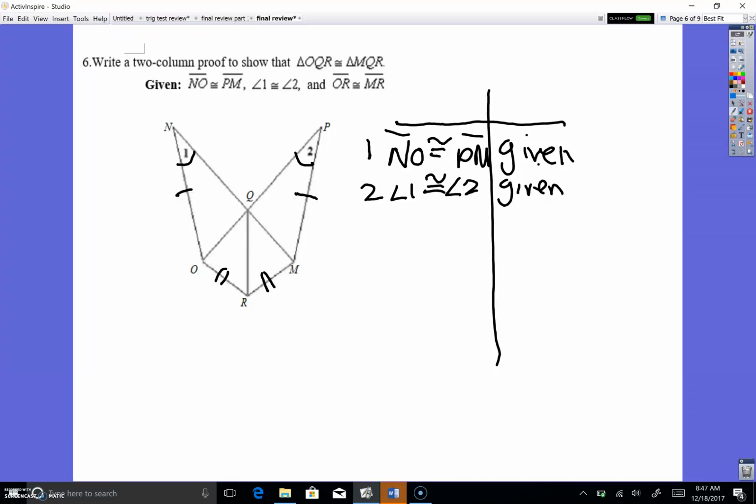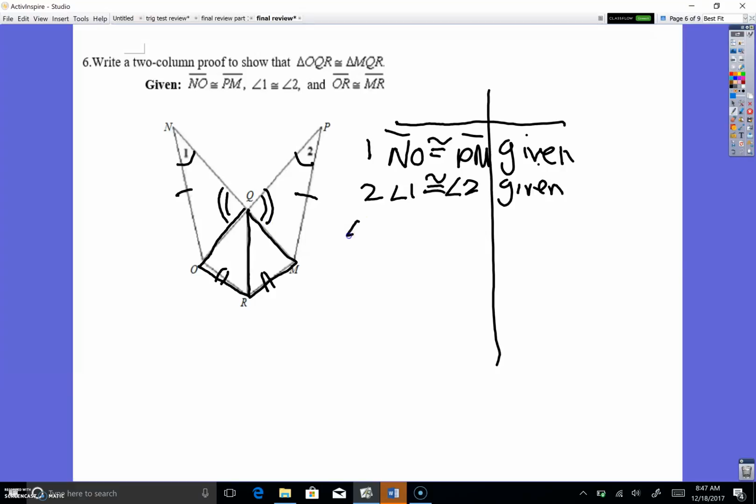So we want to show that triangle OQR is congruent to this triangle over here. The next thing we're going to say is this is congruent to this.